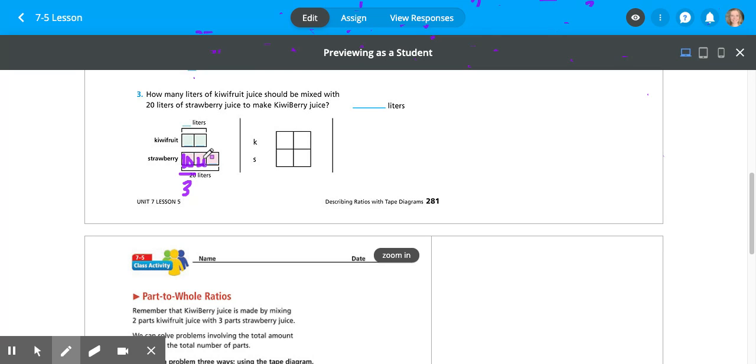20 over 3 and 20 over 3. So now we need to figure out if we have 20 over 3 for 1 piece, we need to do that for 2 pieces. So this one's going to be smaller, 20 over 3 and 20 over 3.